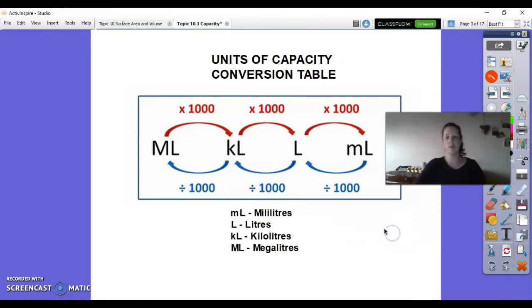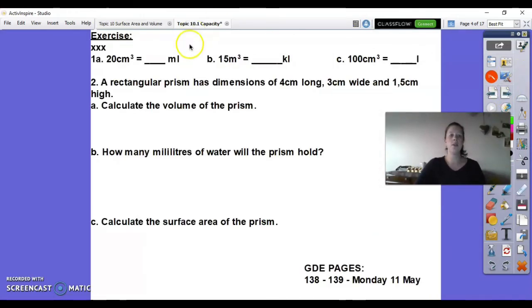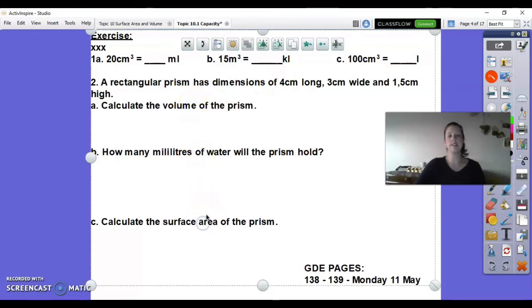That was just an example that we did. And then you're going to do your board exercise. Please write down the question and your answer. Over here for question 2, you need to give me your answers in full with all your calculations, all your formulas. And then your GDE pages that you need to complete, please, for Monday is pages 138 to 139.